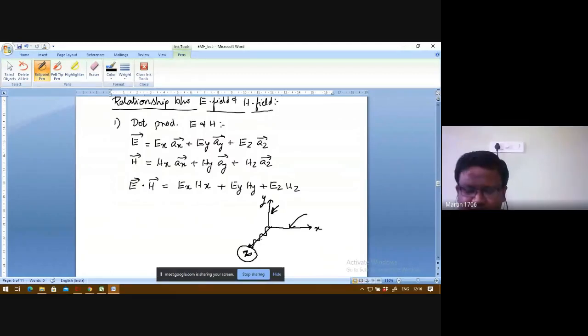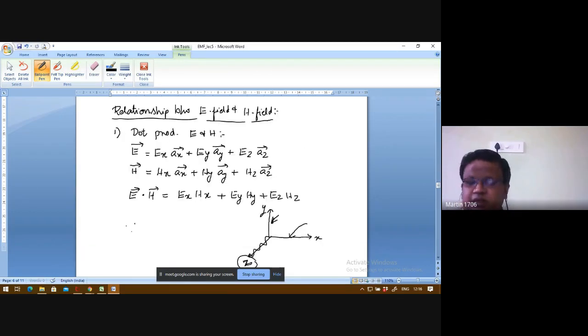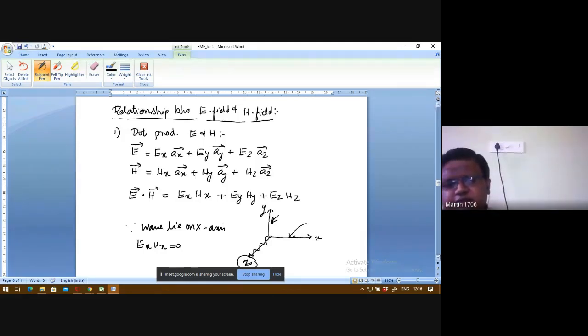So this is the schematic. When I say this, the x component becomes 0. Consider either the x coordinate or the y coordinate. Since the wave lies on the x-axis, Ex Hx is equal to 0.